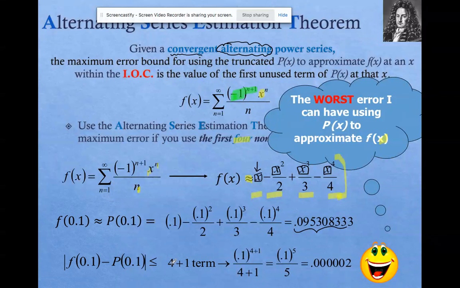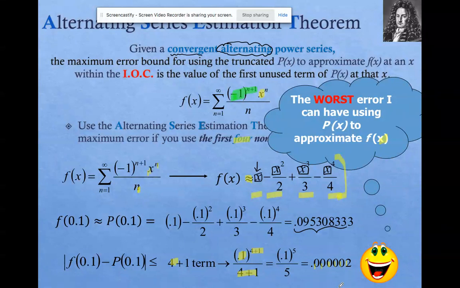So I use the 4th order, so the next term is 0.1 to the 5th divided by 4 plus 1, which is 0.00002. That's pretty freaking good.